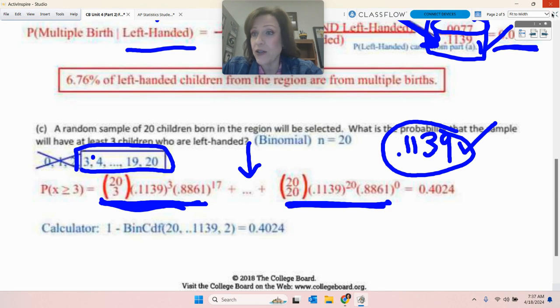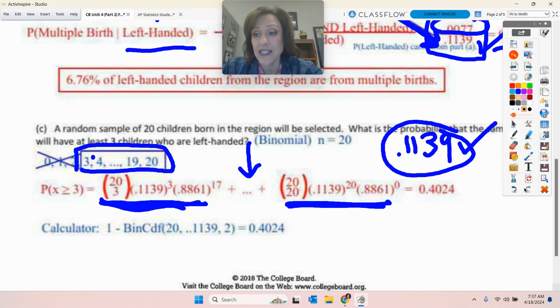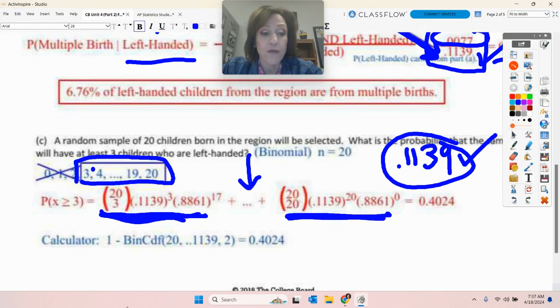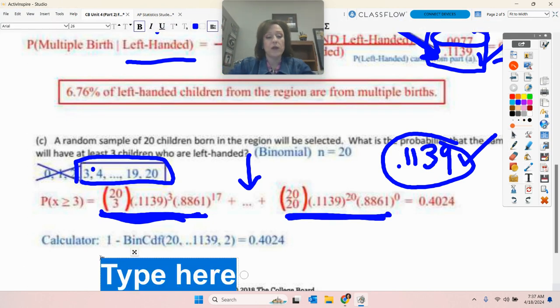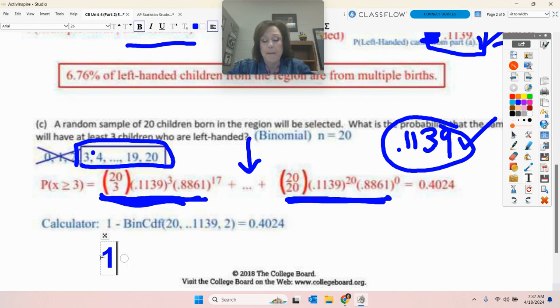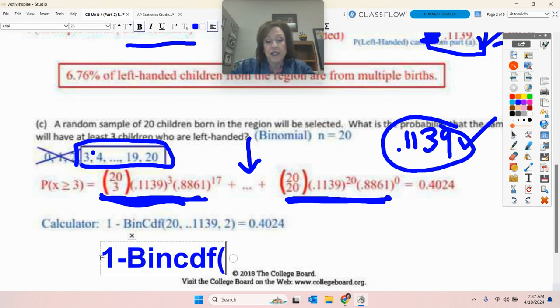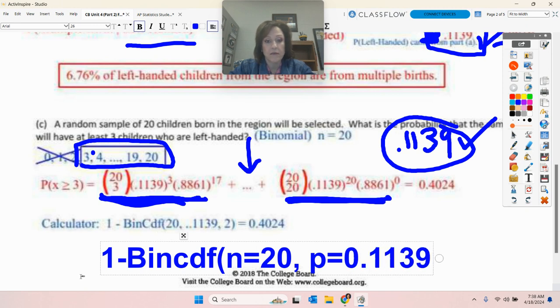But I will tell you something interesting that counts as work for the binomial formula. If you would have simply written 1 minus binomial CDF, and you defined these parameters, n equals 20, probability equals 0.1139, and then x equals 2.